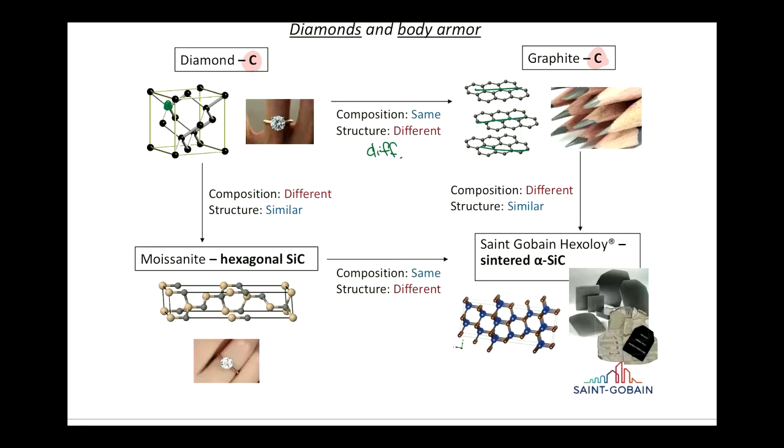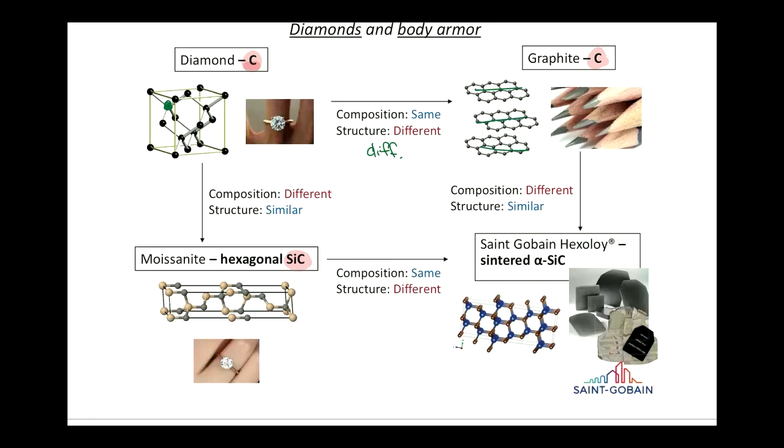But let's look at the composition. Here, diamond is just carbon. Moissanite is silicon carbide, where we take half of the carbon atoms in diamond and we replace them with silicon. Look at where silicon is on the periodic table. It's right under carbon. So we're essentially just replacing half of the carbon atoms in diamond with its big brother, silicon.